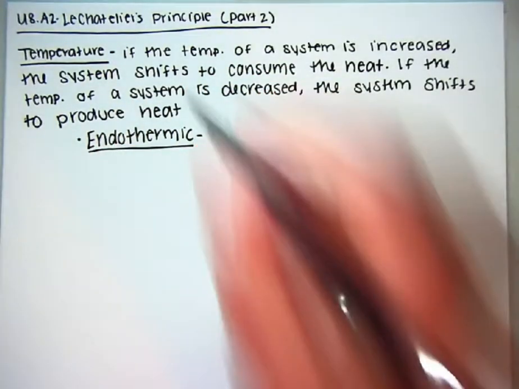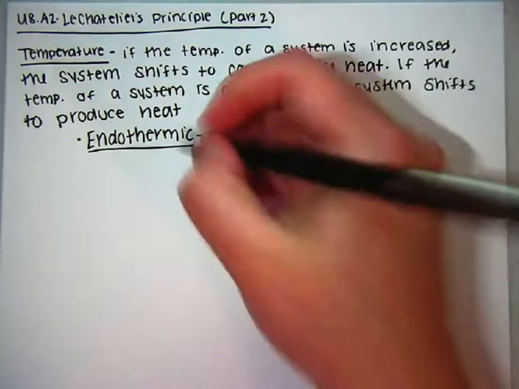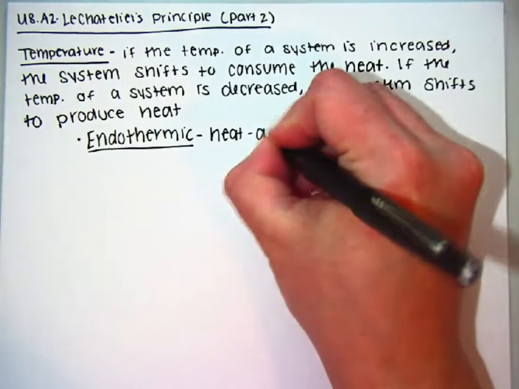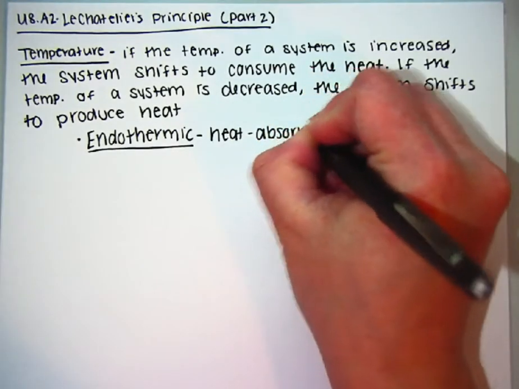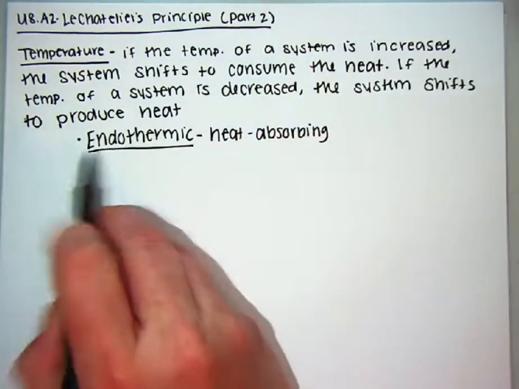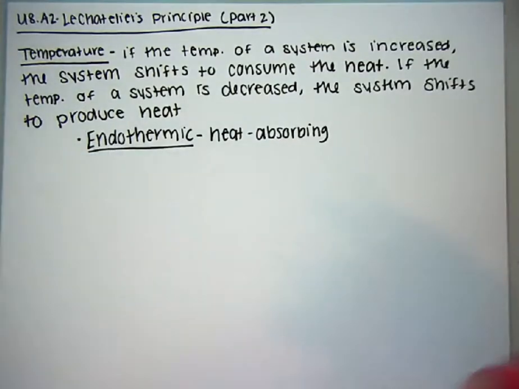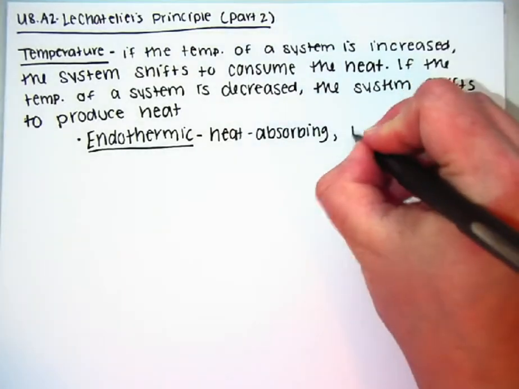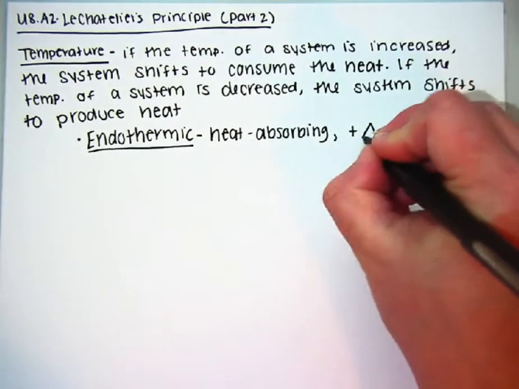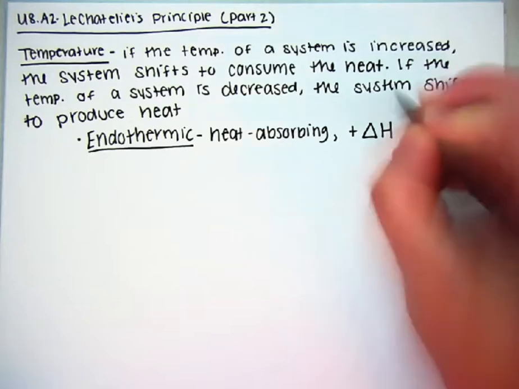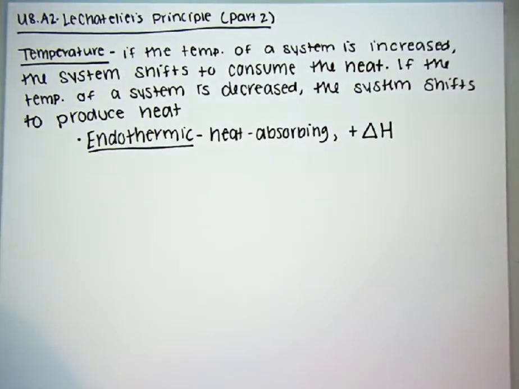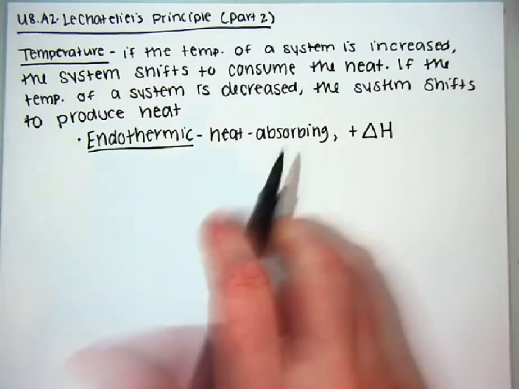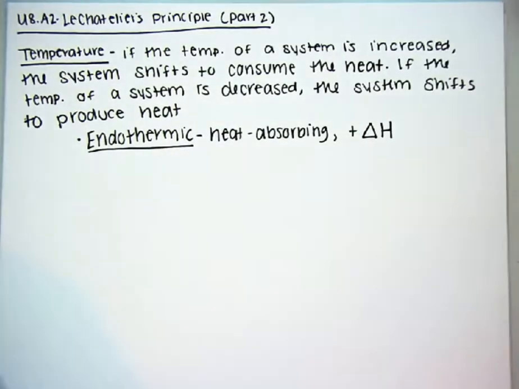If I have an endothermic reaction, it means it's heat absorbing. Endo means like in, so it's absorbing the heat or taking the heat in. If I have an endothermic reaction, delta H is going to be positive. Delta H stands for enthalpy. Again, we'll talk about that more next unit. For now, just know if delta H is positive, it's endothermic.